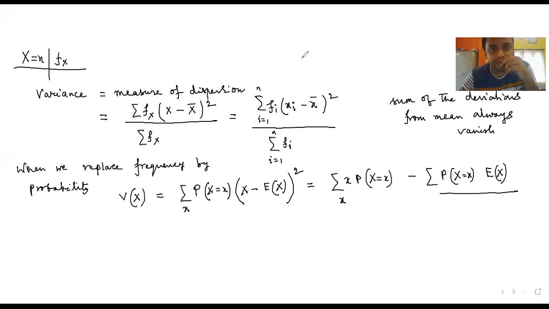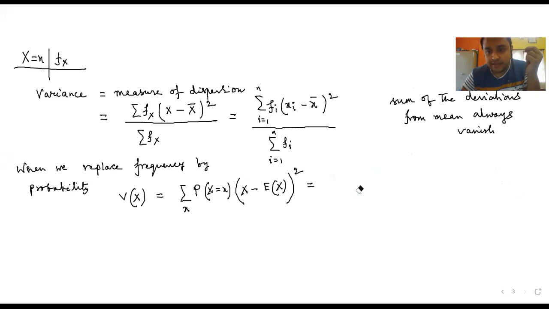So let me do the mathematics once again. For simplicity, I can write this probability of X equal to small x simply as p(x). So we have this as summation over x of p(x), and this is x minus E(X), whole square.